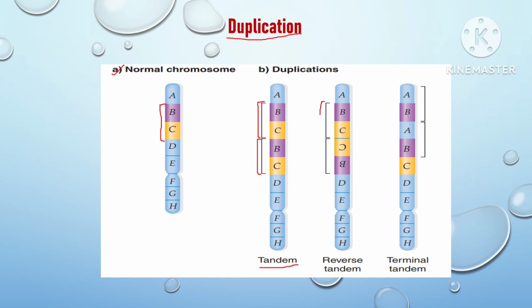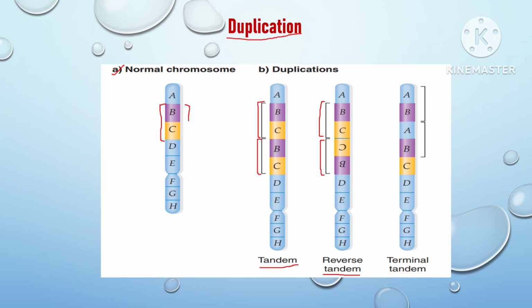Here we can see this BC segment, and this is the BC segment again, just reversed. So it is known as the reverse tandem.